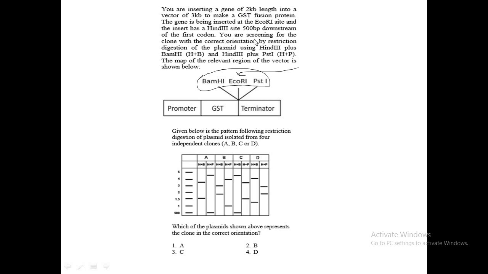After that you will screen for the clone with the correct orientation by restriction digestion of the plasmid using HindIII plus BamH1 and HindIII plus PstI. The map of the relevant region of the vector is shown below. So after insertion of your gene, you will find the restriction digestion pattern by treating with BamH1 and HindIII, and HindIII plus PstI.